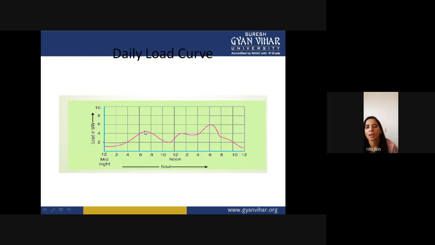After that, the load reaches its peak, which is greater than 4 megawatt. After 7 o'clock, it starts to decrease, continuously decreasing until 10. From 10 to 12 is office hours, so the load is nearly constant. It is not exactly constant, but only a small variation occurs.